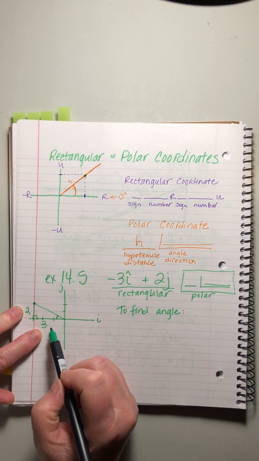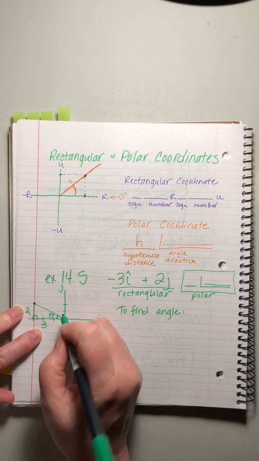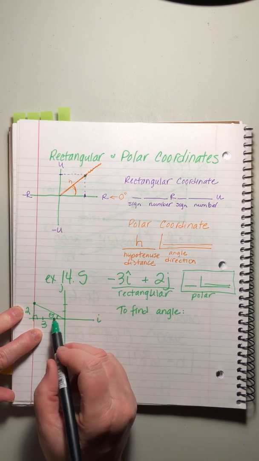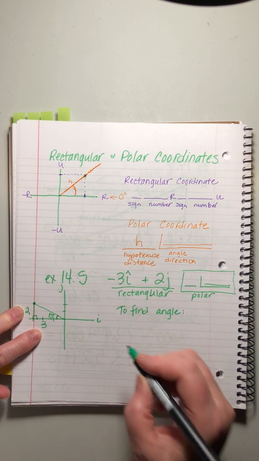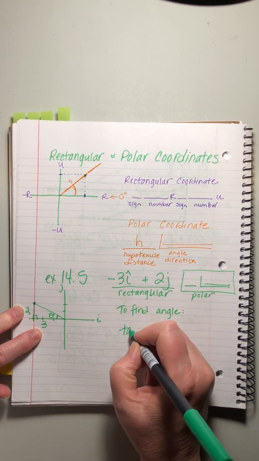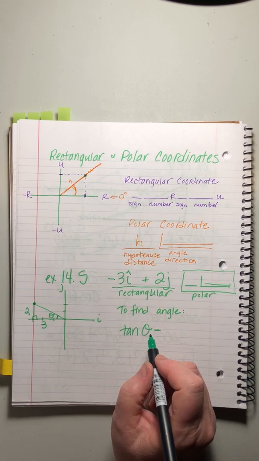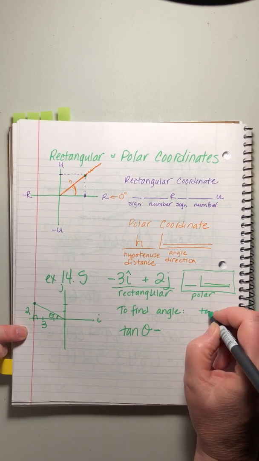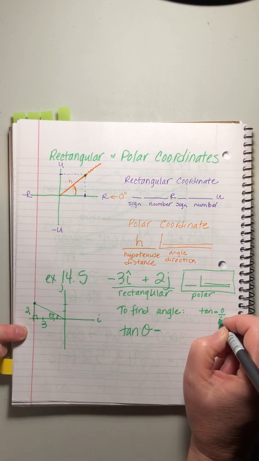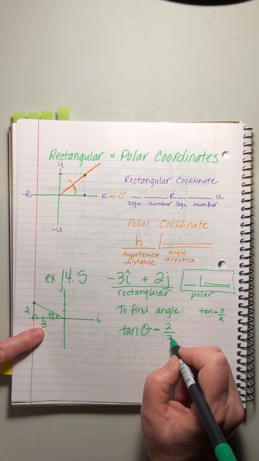What can I do with that? Tangent will help me. So I'm going to call that theta, which is one of our favorite names for angles we don't know. And we say that the tangent of theta will be equal to opposite over adjacent, so OA, right? So I'll put the opposite 2 over the adjacent 3.